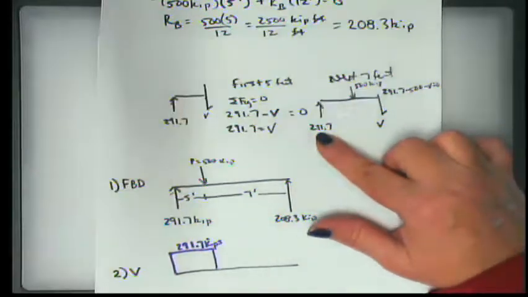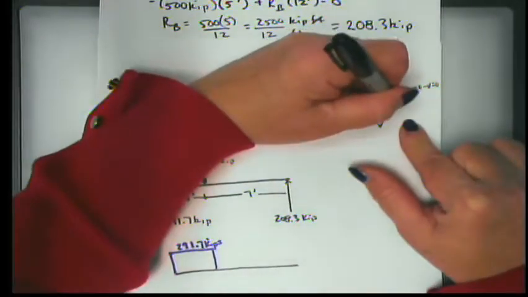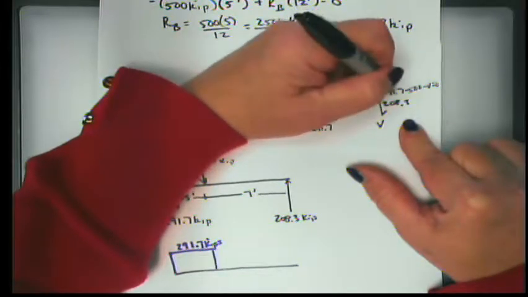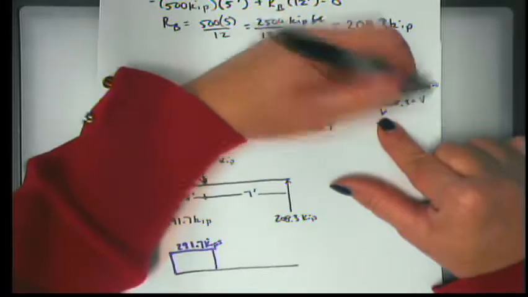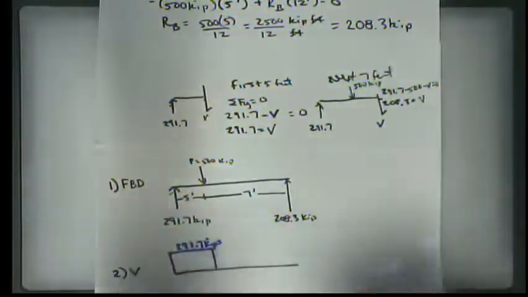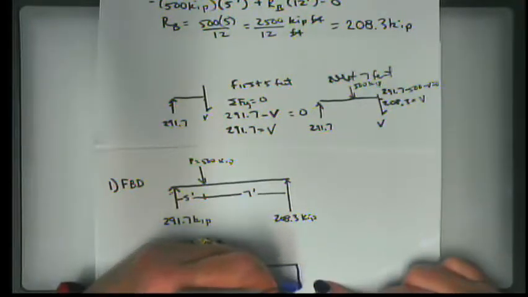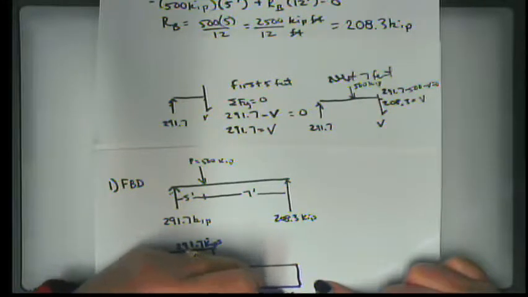When I take those two numbers, it turns out to be 208.3, but it's this minus this, 500 is bigger, so that's negative, equals V. So at this applied load, we immediately jump down to a negative 208.3 kips.